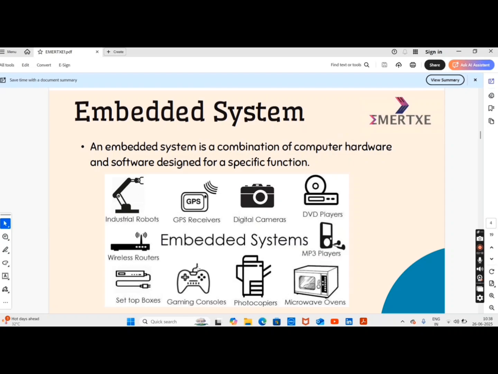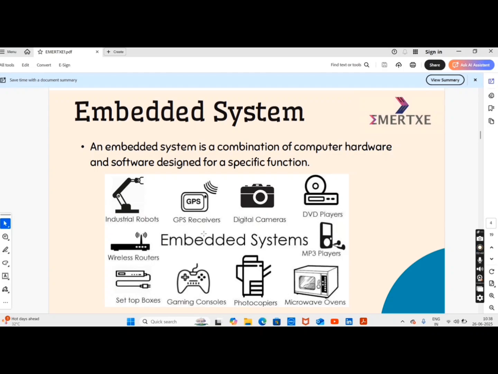What is an embedded system? As we know, in our day-to-day life, an embedded system is a combination of computer hardware and software designed for a specific function. Nowadays, embedded system-based projects or programs are very commonly used in human life for multiple purposes.